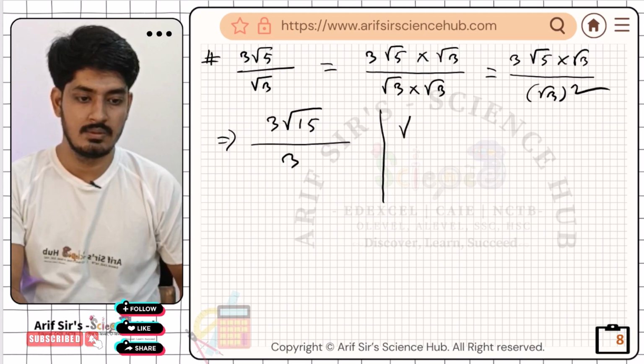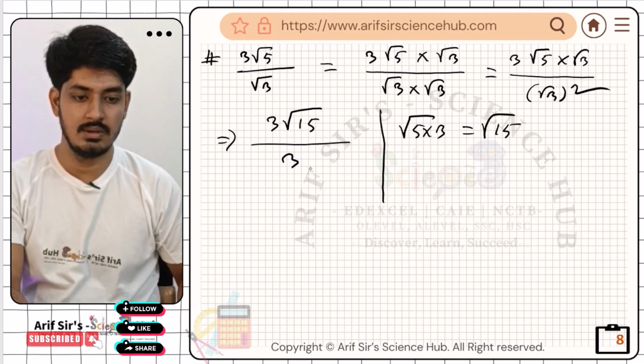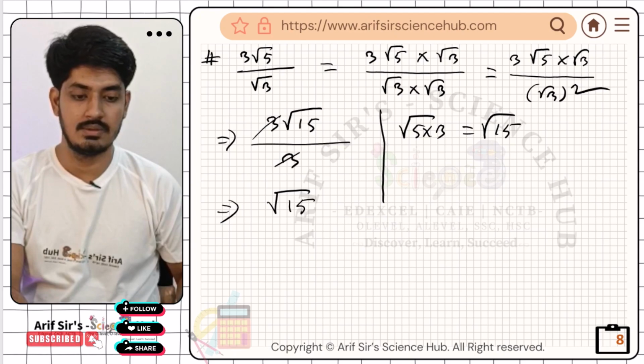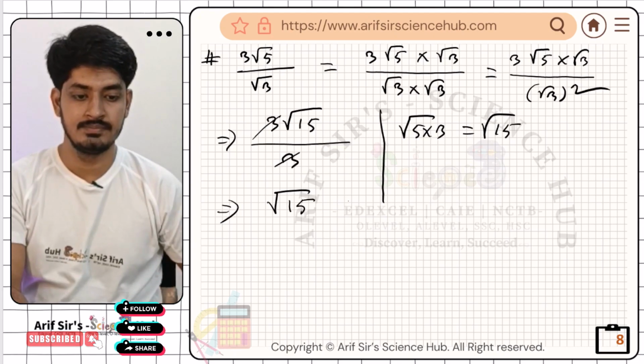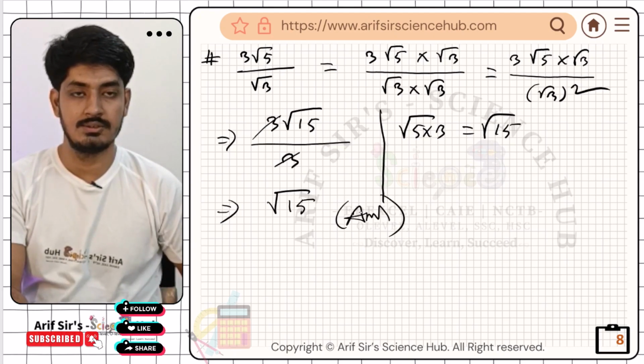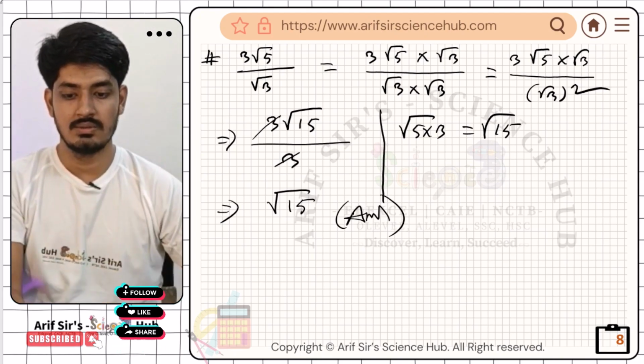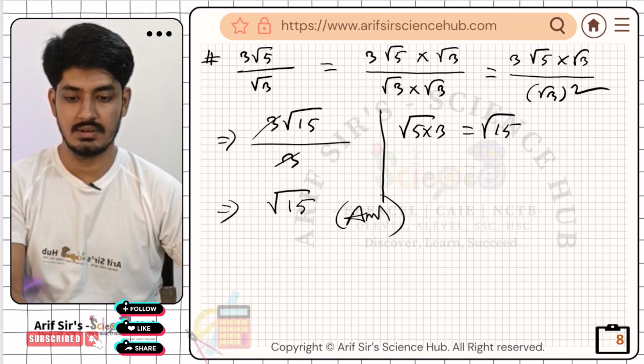Because root 5 into 3 is 15. Now we can divide this 3 by this 3, then the answer is root 15. So that's the answer. I hope it's clear to you. We can just practice more exercises.